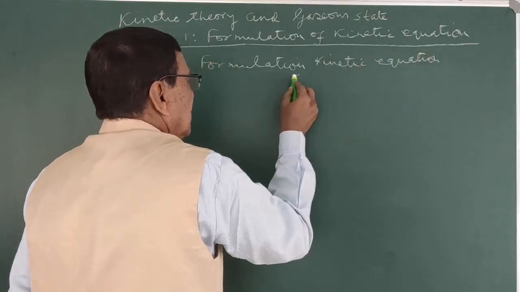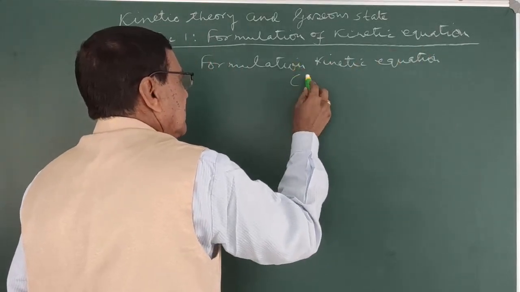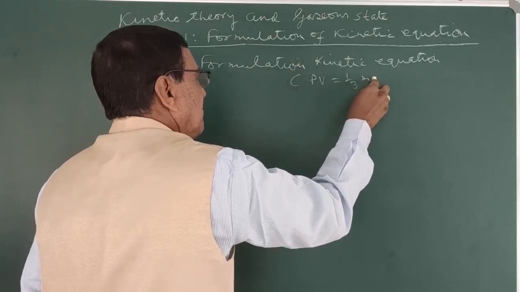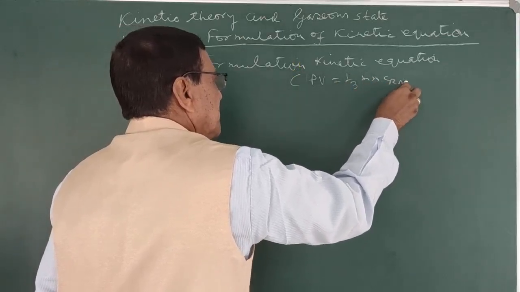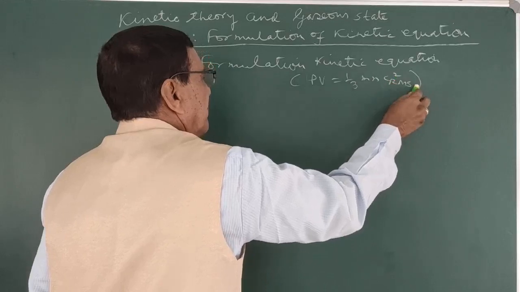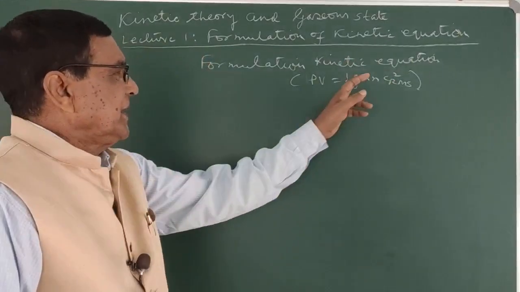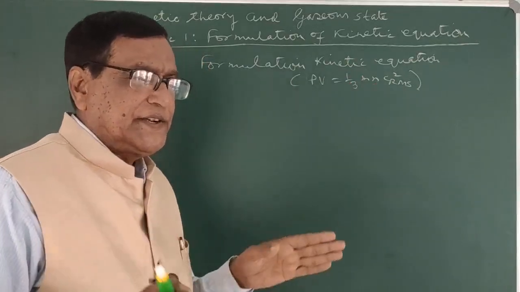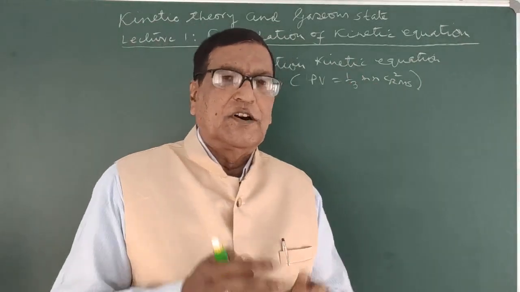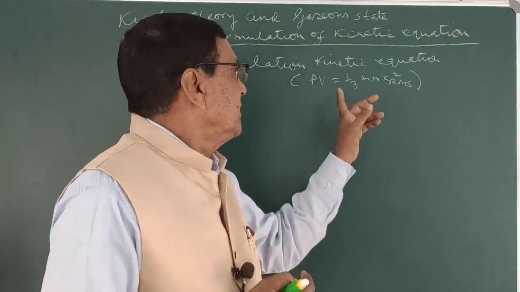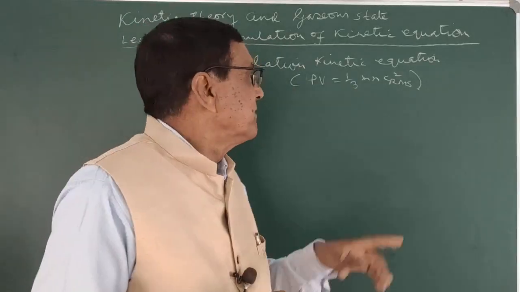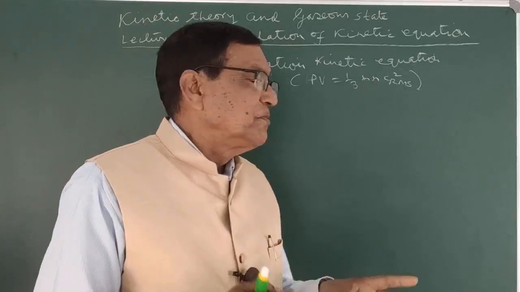Kinetic equation, and it is PV equal to 1/3 mN C RMS. m is the mass of each molecule, P the pressure exerted by these gas molecules on the wall of the container, V the volume in which the gas is present, and m the mass of each molecule.